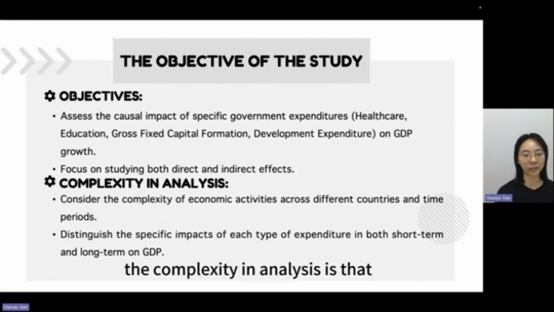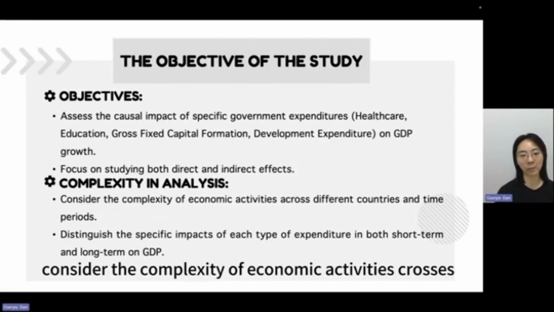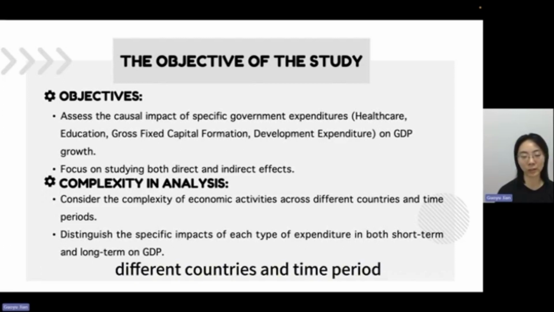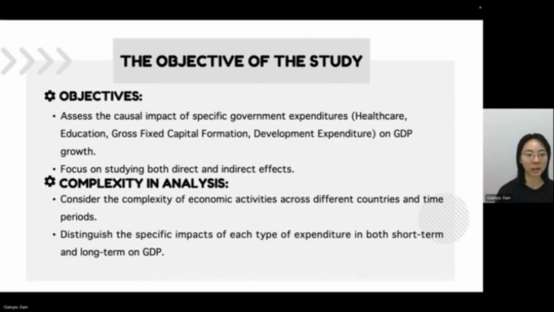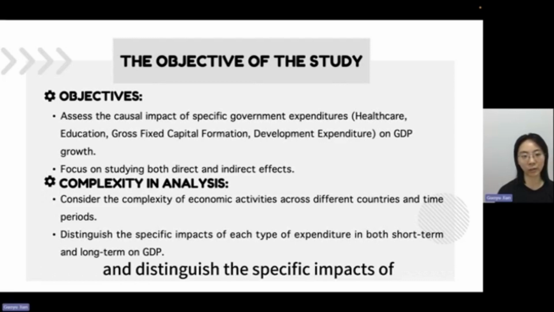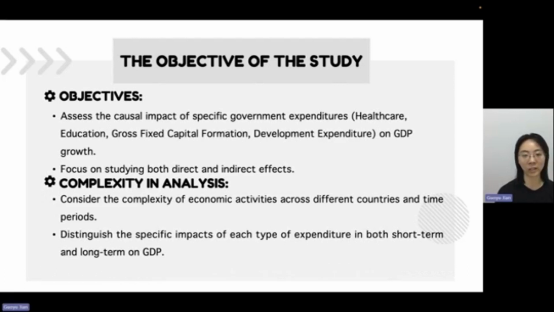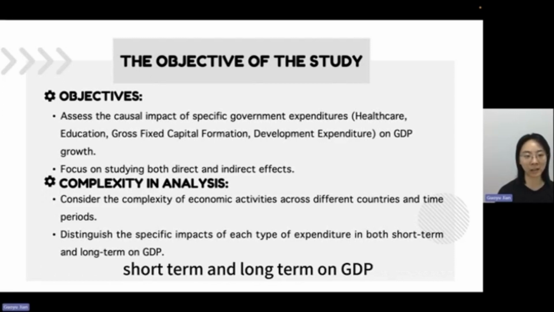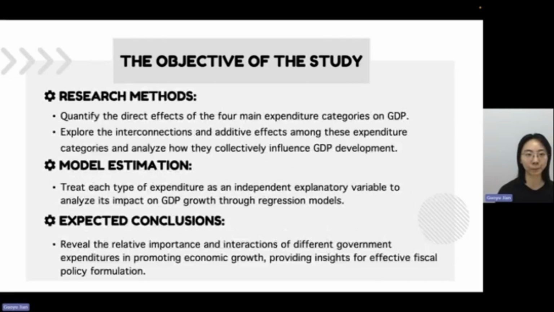The complexity in the analysis is that we must consider economic activities across different countries and time periods, and distinguish the specific impacts of each type of expenditure in both the short term and long term on GDP.